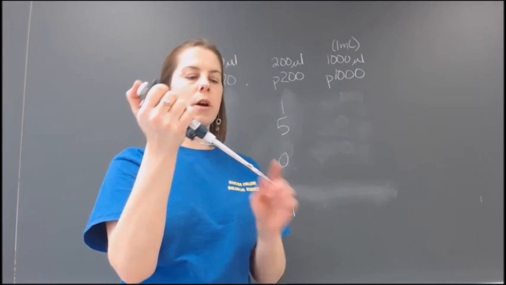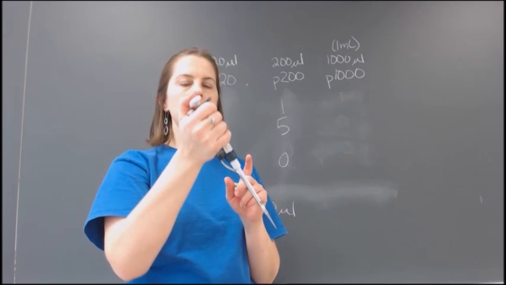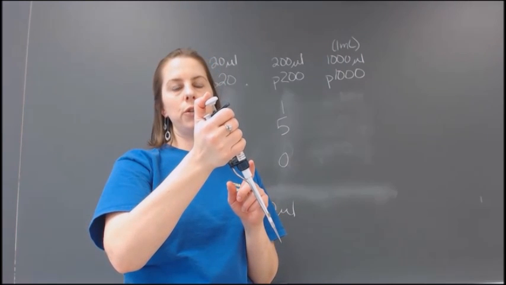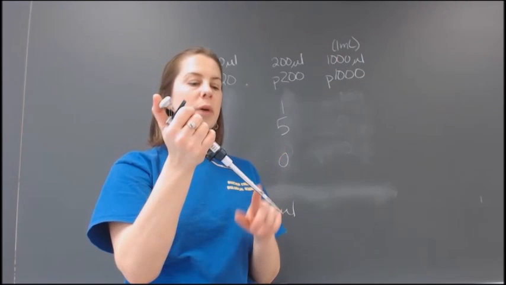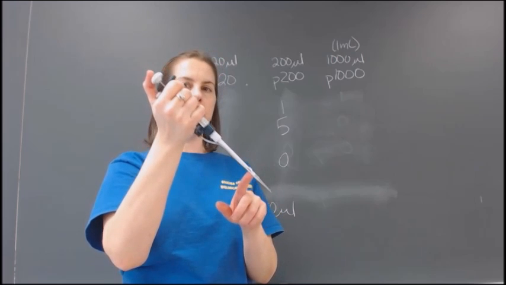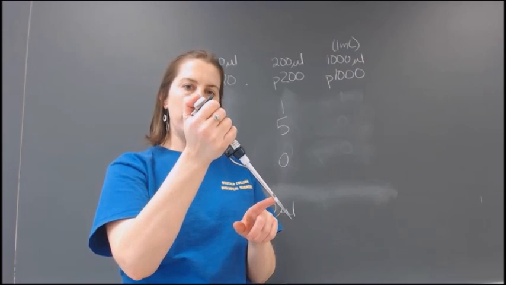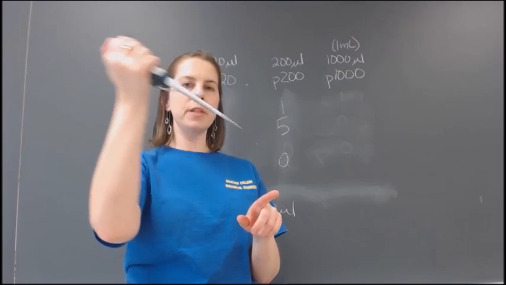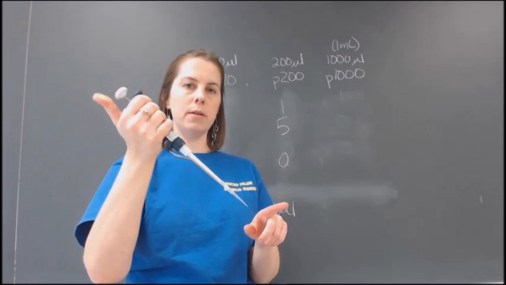Then we'll insert our pipette tip into the liquid and raise the plunger slowly. To expel the volume then, we'll push it slowly down to the first stop and then all the way down. And then we pull the tip out and then we can release our thumb.